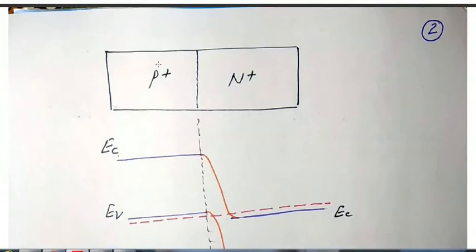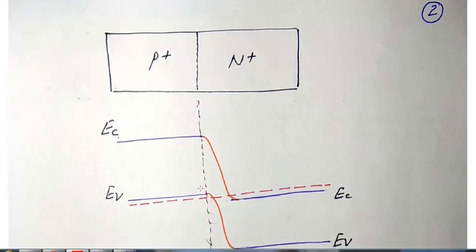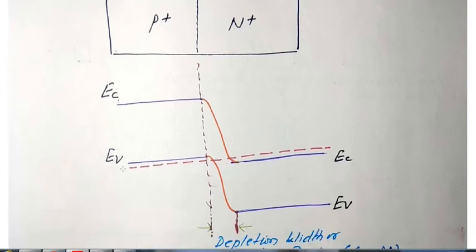Now in this figure we can see what will happen if we join or combine the heavily doped p-type material and heavily doped n-type material. Now when we combine these two and have an open circuit diode, we have Fermi level constant throughout. We can see here, this is the Fermi level shown in red color here.